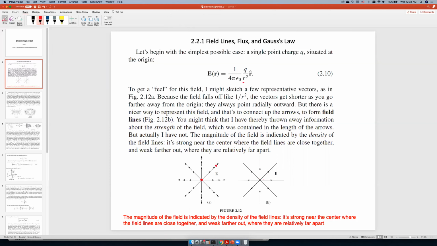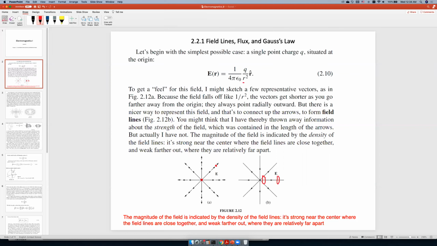For example, if you look at some region closer to the origin, you will see the density of the electric field lines is denser than at some place further from the origin, where the density is lower.